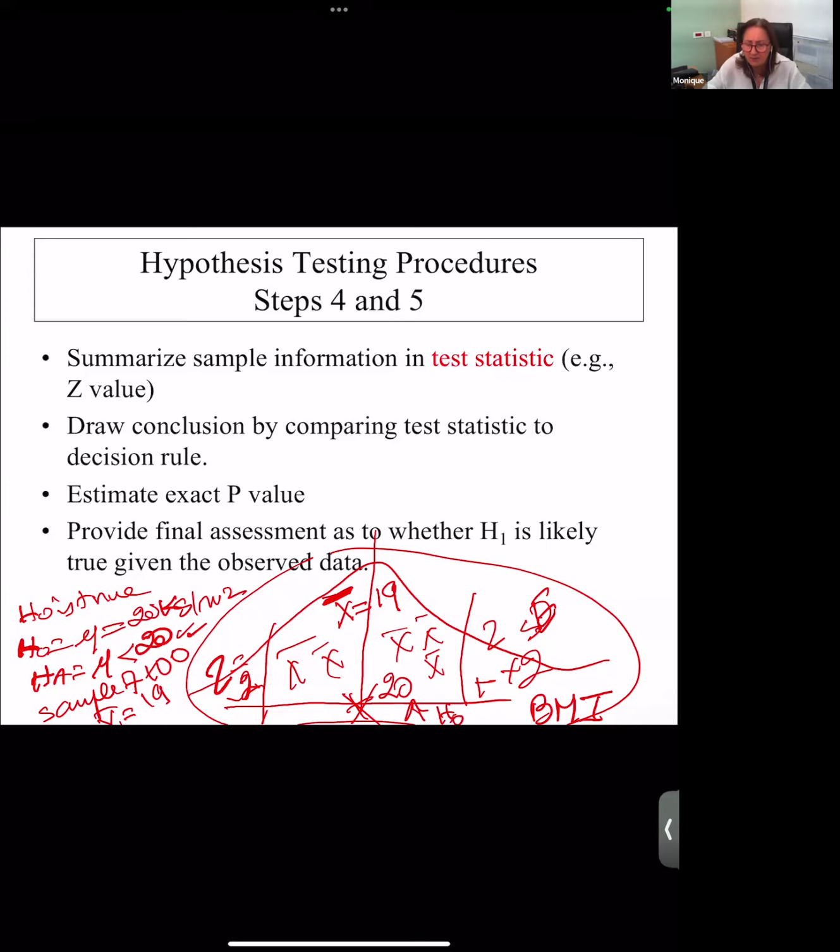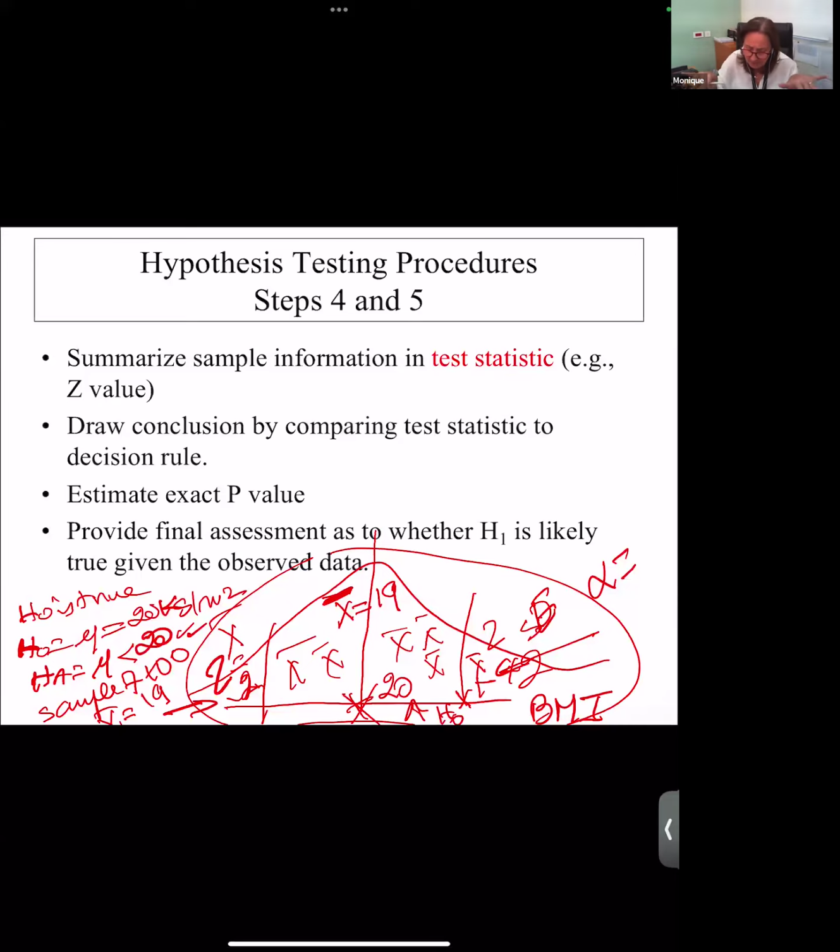When you start getting X bars out here. These areas from both sides are alpha. Anything that occurs at the edge of the distribution means that it's unlikely that it is under H0.